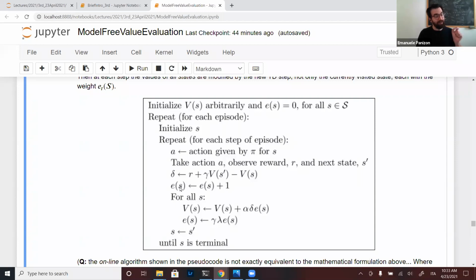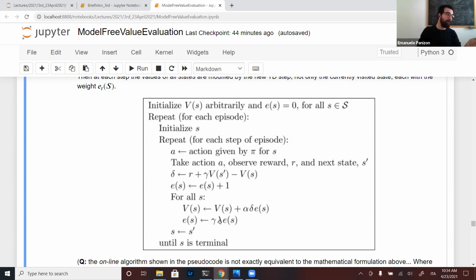And then in that state, since I've been in that state, I get eligibility trace +1. And then for all the states, I do an update which is proportional to the learning rate and the eligibility trace in that state. And then all eligibility traces for all states get multiplied and decay with the factor gamma lambda.